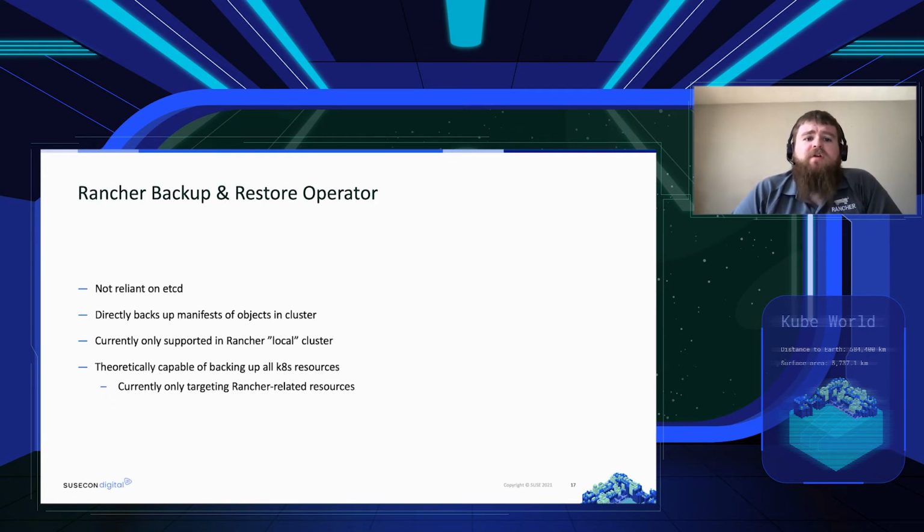The importance of developing the Rancher backup and restore operator is underscored in comparison to other backup tools. Other backup tools that shall remain nameless don't necessarily back up the object dependencies between resources in a cluster. For example, let's consider the cluster resource in Rancher.